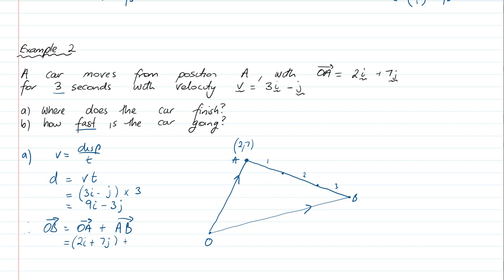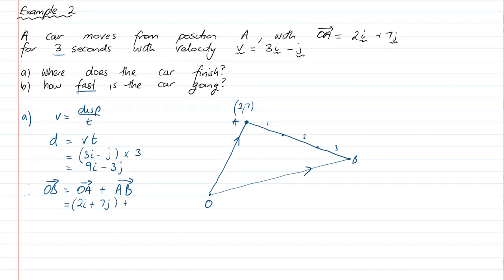And AB is just the movement, which is 3 times 3i minus j, which we've already worked out is 9i minus 3j. 2i plus 9i is 11i. 7j minus 3j is 4j. And you can see that's our overall solution.